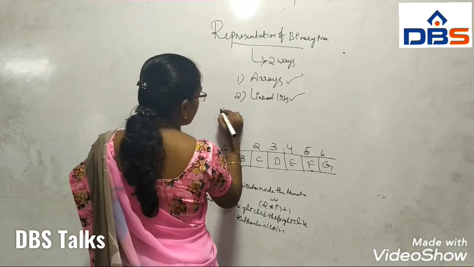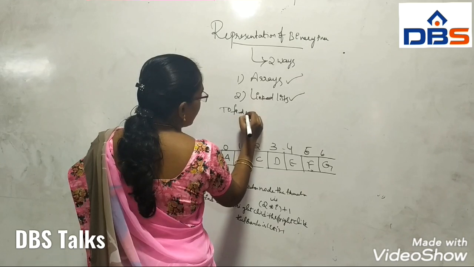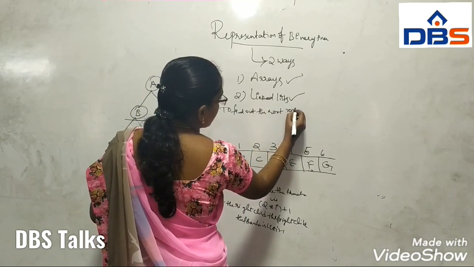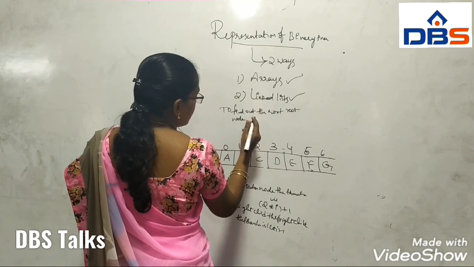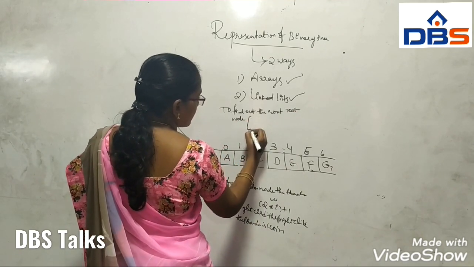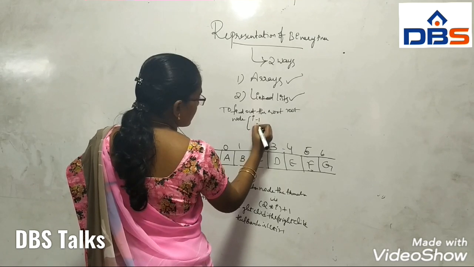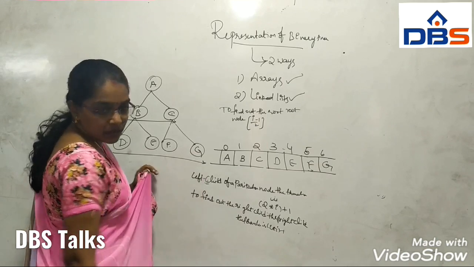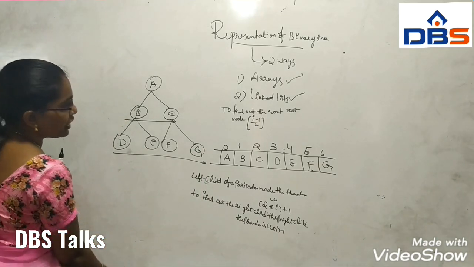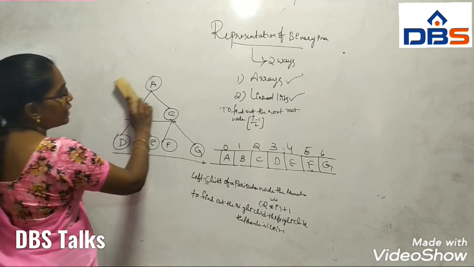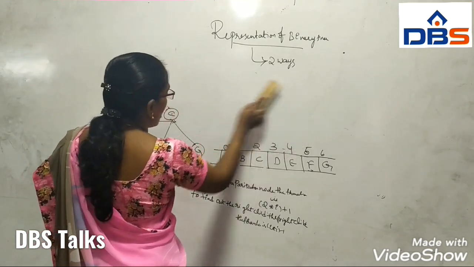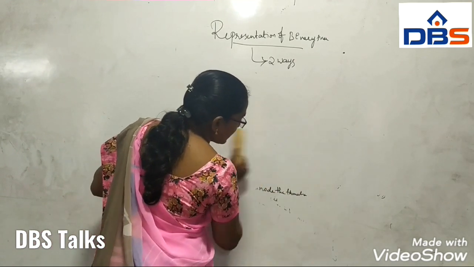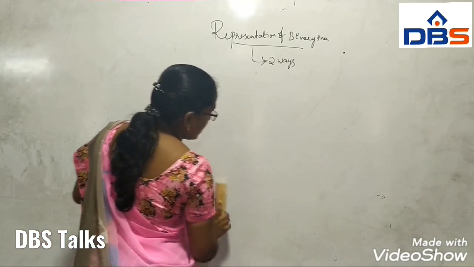To find out the root node, just like that we will find out the child, left child, right child and the root. This is how we are going to represent the binary tree in the computer memory by using the array.